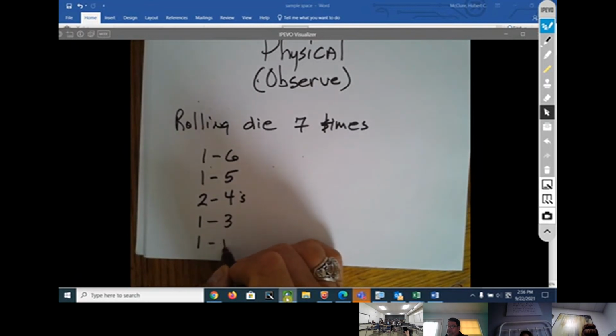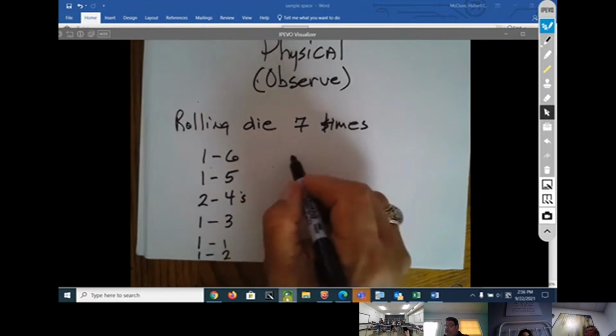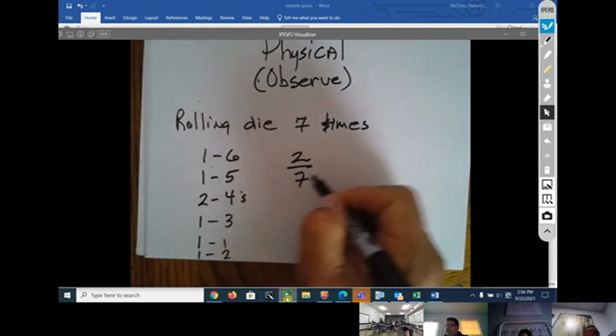Let's see, what is that? 6 and 1, 2. So the probability of rolling a 4 would be 2 out of 7.